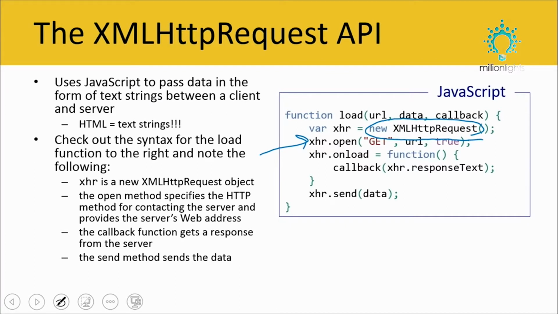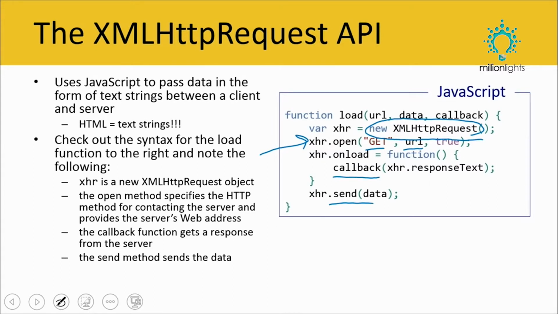So we use get. It's also going to provide the web address as well for that server. Okay? Then when we call the callback function here, we're going to get a response from the server. So we get that response, and then finally, we're going to go ahead and use the send method in order to send data to the server, right?